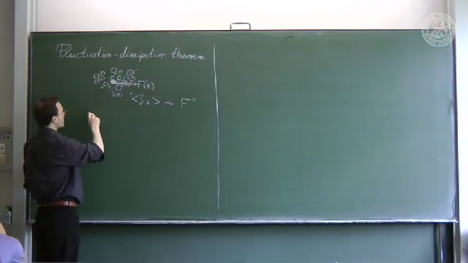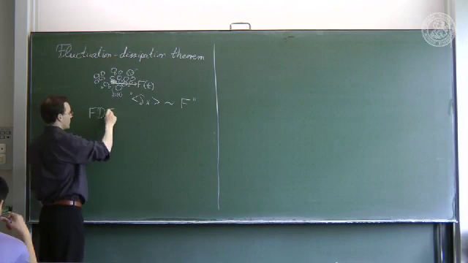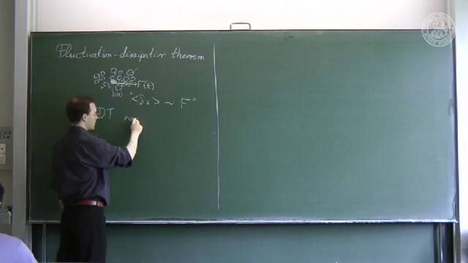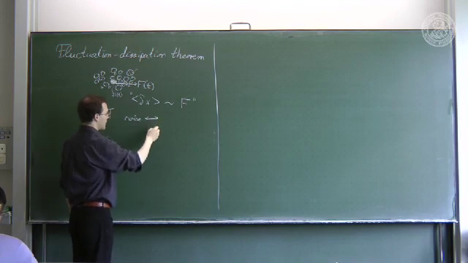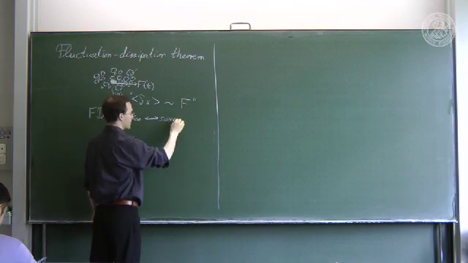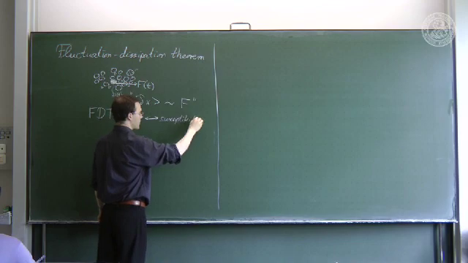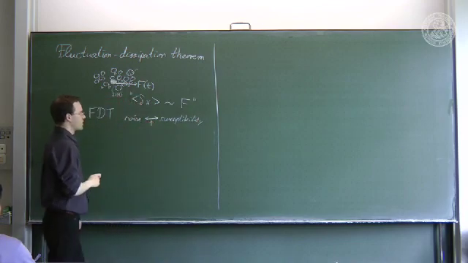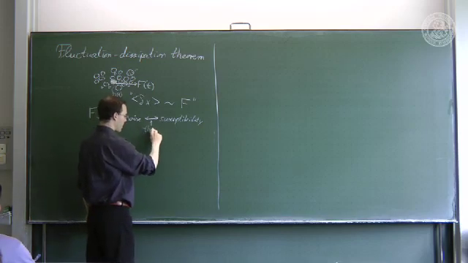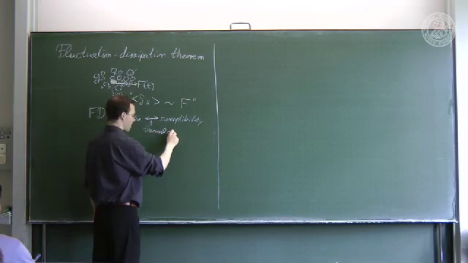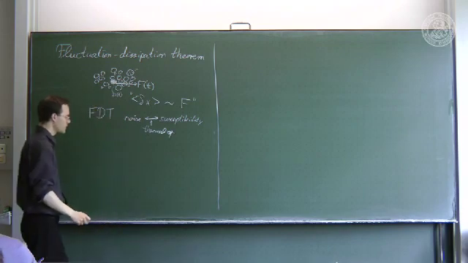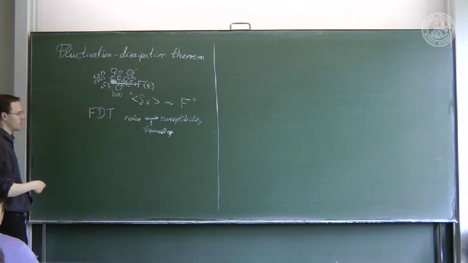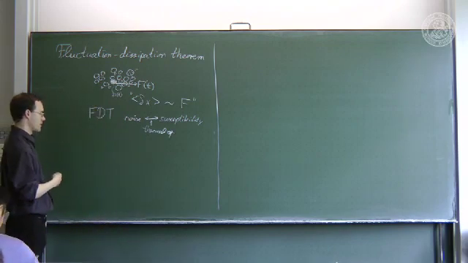So in general, the fluctuation dissipation theorem will tell you there is a relation between the noise and the susceptibility, that is the linear response. But this relation only holds in thermal equilibrium. So it's a very special property that simplifies things in thermal equilibrium.